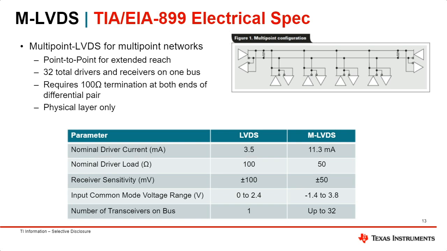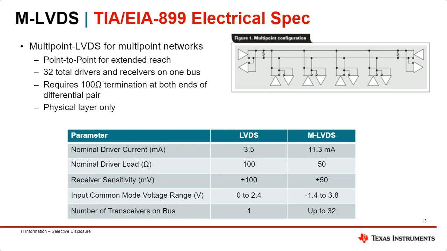There are also other revisions to support a true multi-point configuration, such as edge rate control, bus contention provisions, and wired OR signaling. This is all implemented in the driver and receiver characteristics.